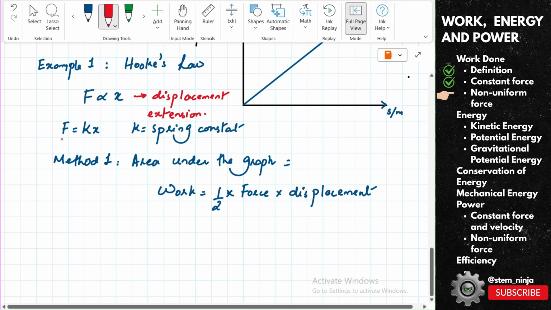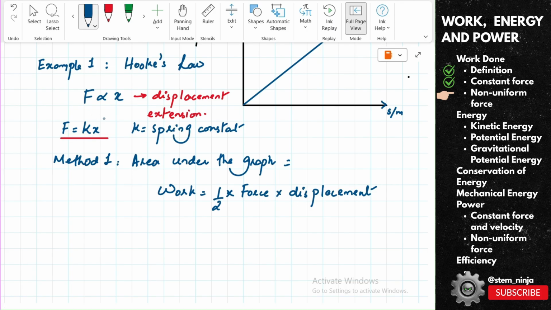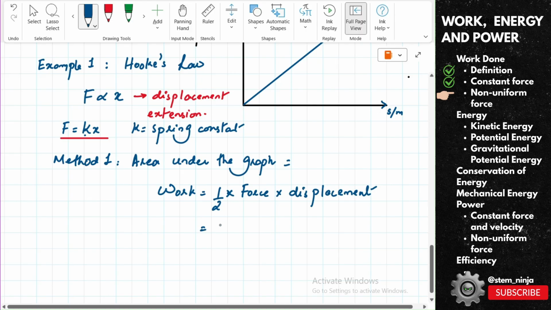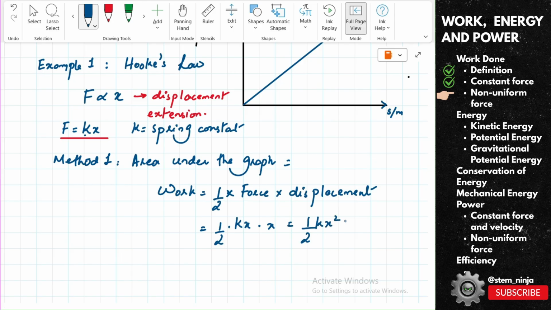Now, this is a very particular case, so we're doing it as an example. Force is equal to kx, so when you apply kx times x, this becomes half kx squared.